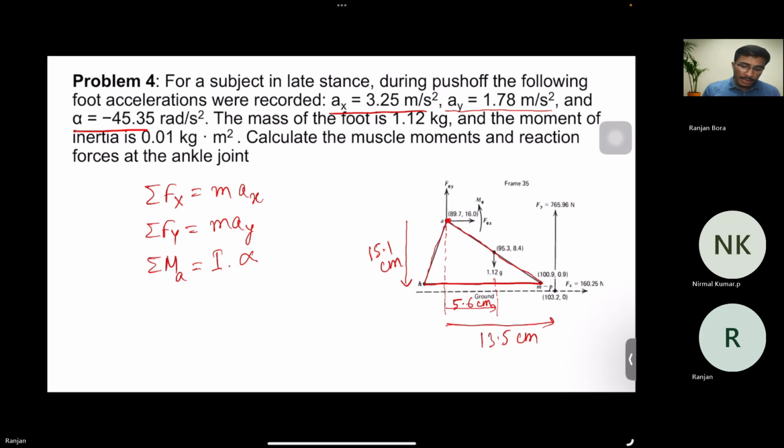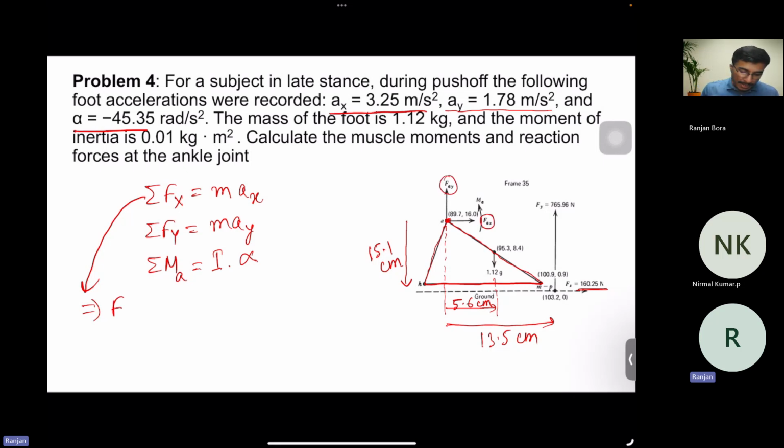So if we use summation Fx equals mass into acceleration in x direction, what will we get? We need to find the net forces, total forces acting in the x direction. One force is given, Fx 160.25 Newton, and we need to find FAX and FAY.